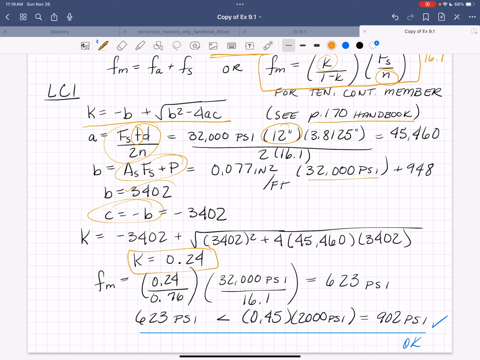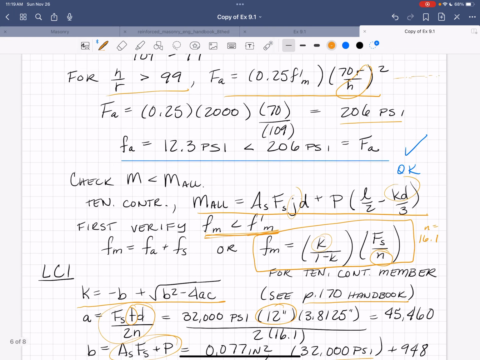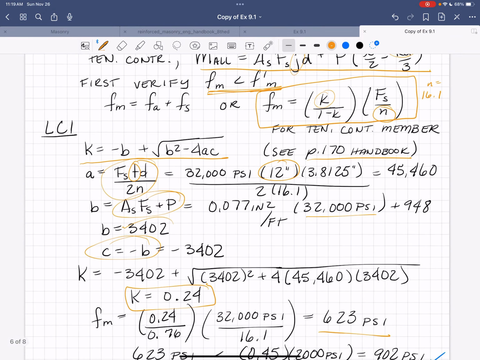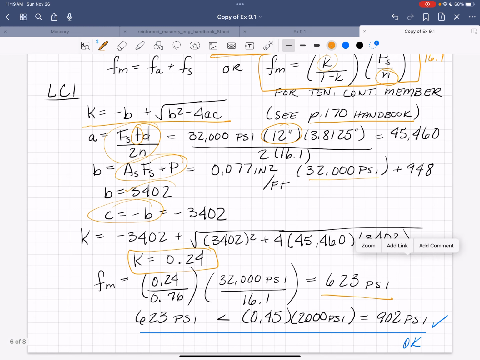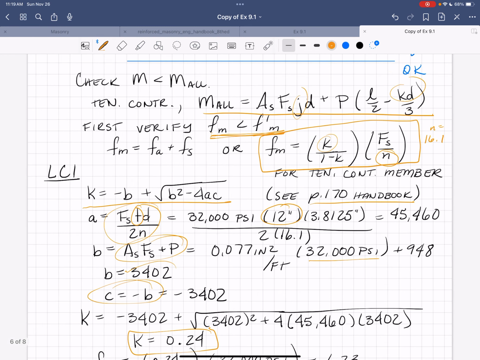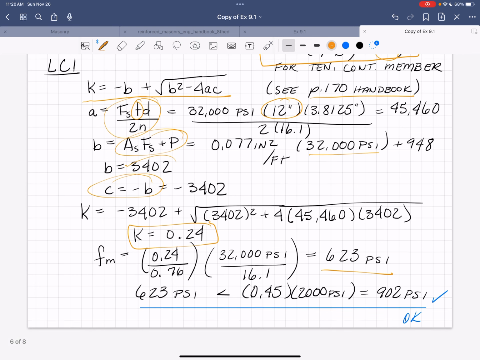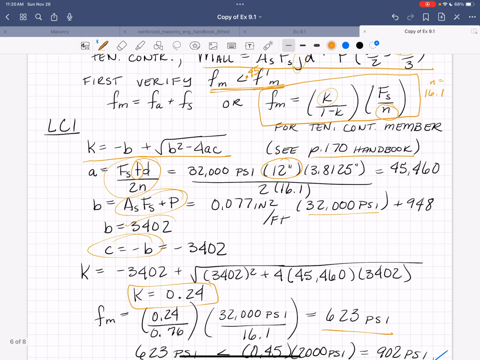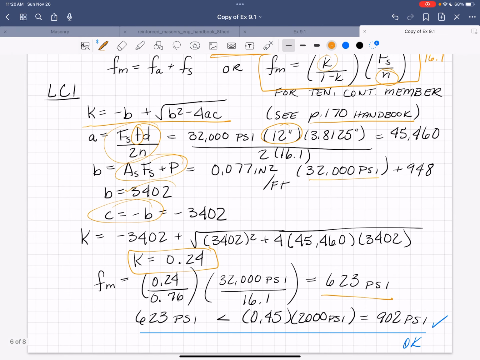My FM value I then have, and I know that my FM value, oops, I missed something here, it should be a 0.45 here, sorry. I'll change that. I think by the time you get this sheet, that'll be changed. And so I find out that I'm okay for that check.